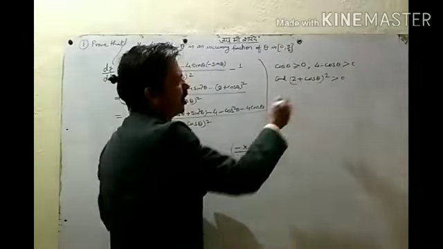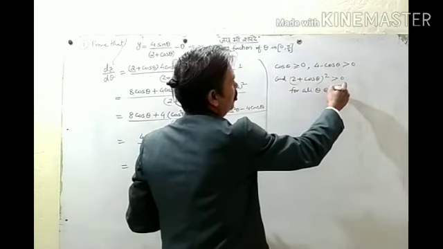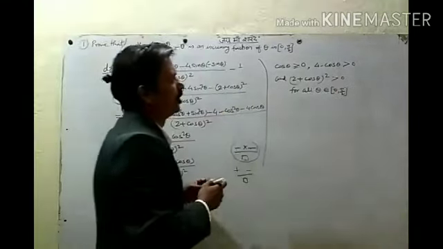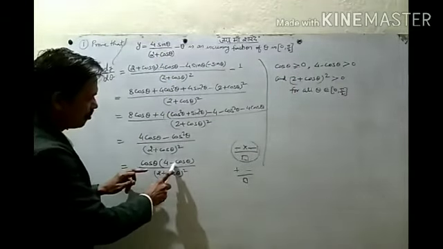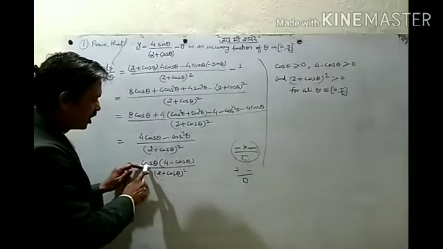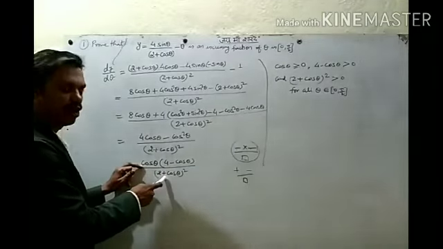So we have these three conditions for all theta belonging to 0 to pi by 2, in this interval. So what will be the value of this? Positive divided by positive is positive only. It is positive, but it is 0 also. So 0 by something positive gives 0.